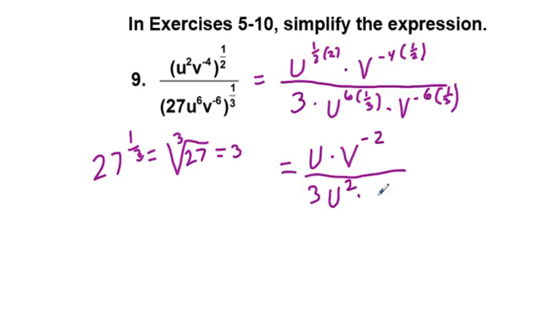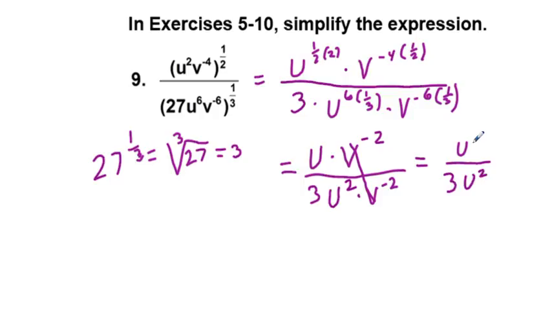Well, 1/3 of -6 is going to be -2, or v to the -2 rather, times v to the -2 power. And so we can cancel v to the -2 power with v to the -2 power, and we're left with u over 3u squared.